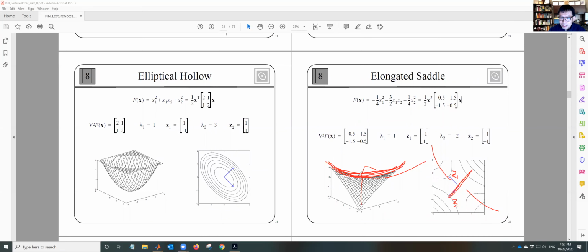It's not very steep. But if you go along this direction, it's very steep. Agree? So this is how the eigenvector and eigenvalue actually define the response surface. But this is only for quadratic functions. This is an elongated saddle. This is a saddle.